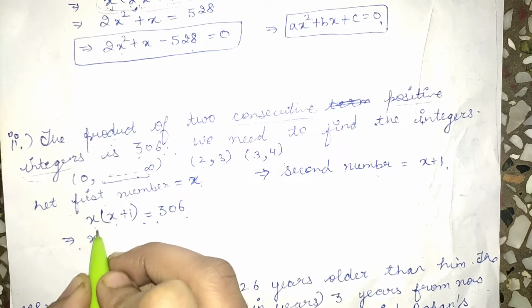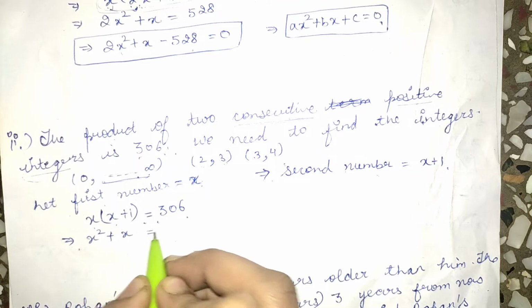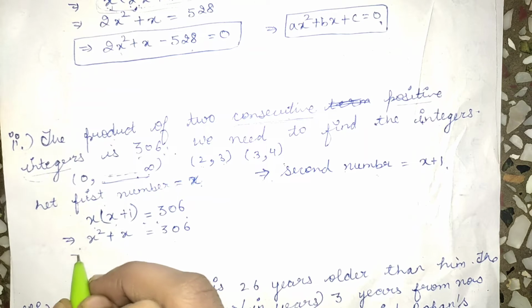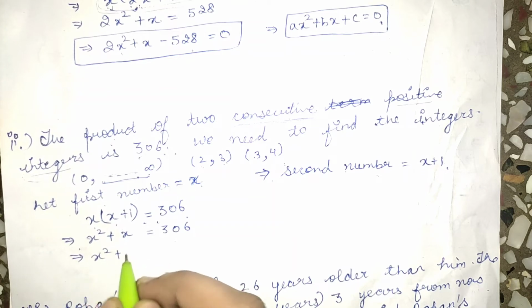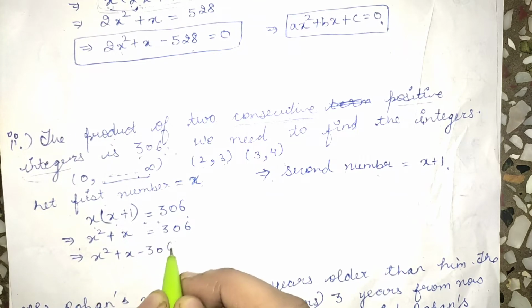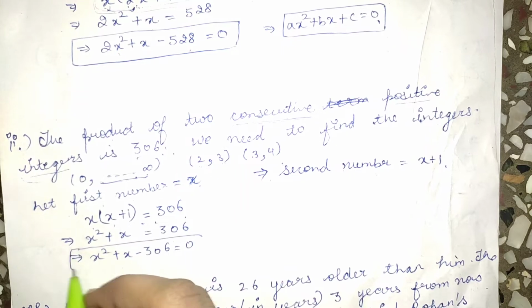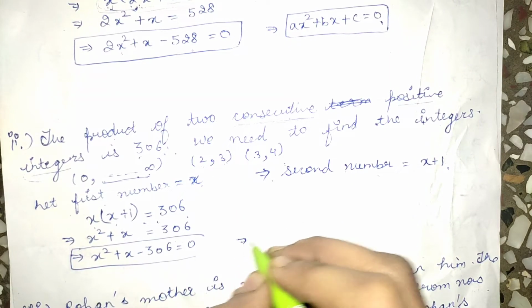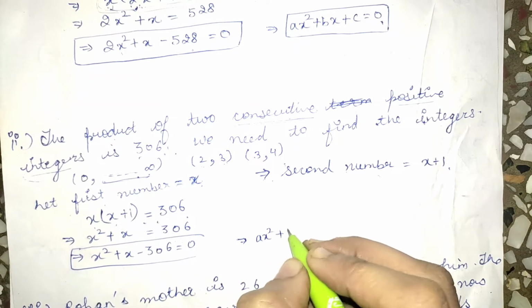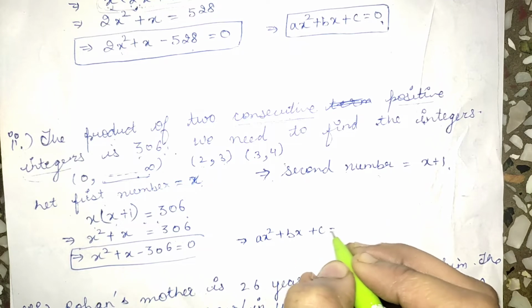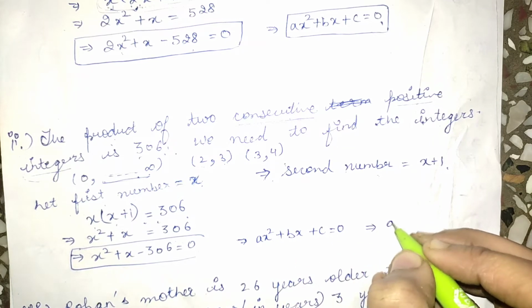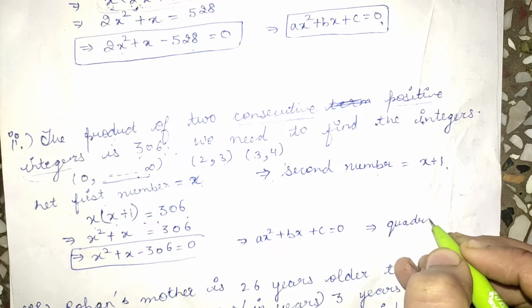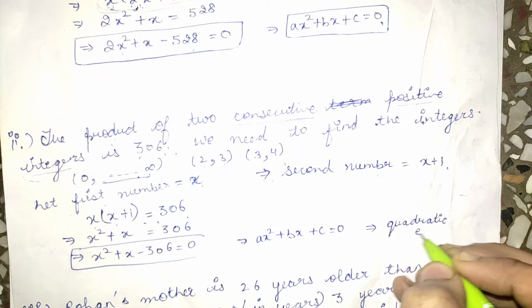So it will become x square plus x is equal to 306. So that means x square plus x minus 306 is equal to 0. So that means it is again represented in the form of ax square plus bx plus c is equal to 0. So this is again a quadratic equation.